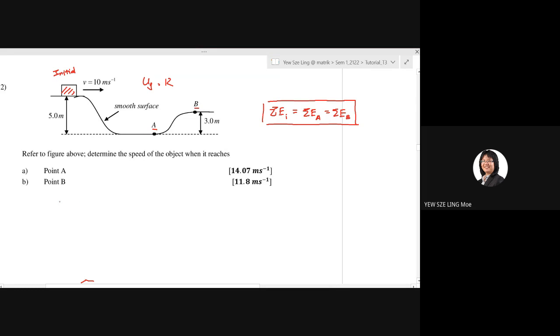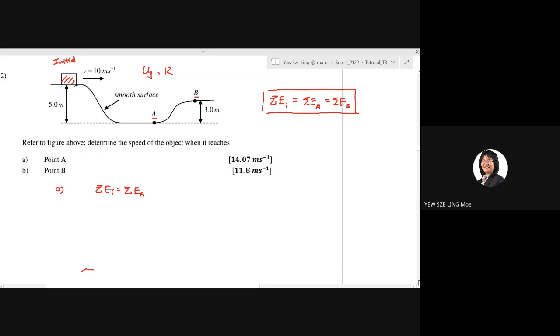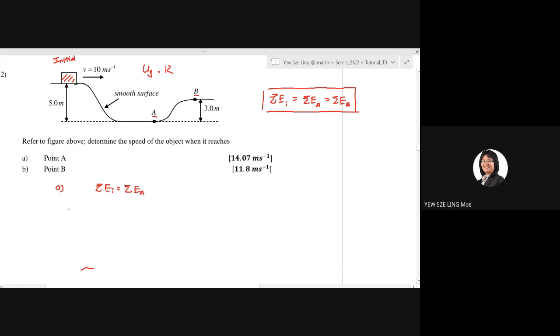So for A, the summation of E initial equals the summation of E at point A. So K initial plus U initial equals K final plus U final. Based on my question, the object comes with initial speed, therefore I have to keep my K. It comes with a height of 5 meters, so it has U. And then the final position at point A has K because you want to calculate the speed.